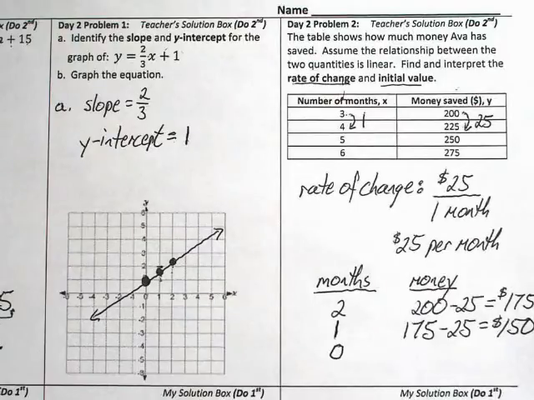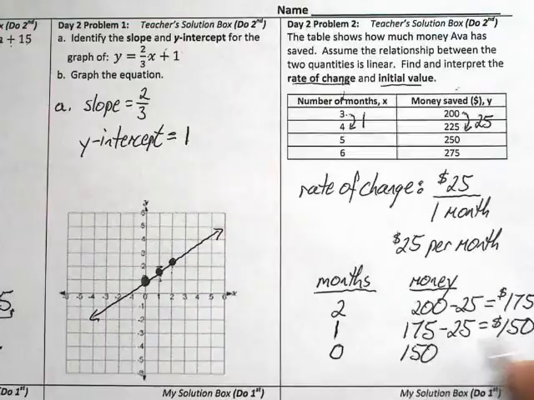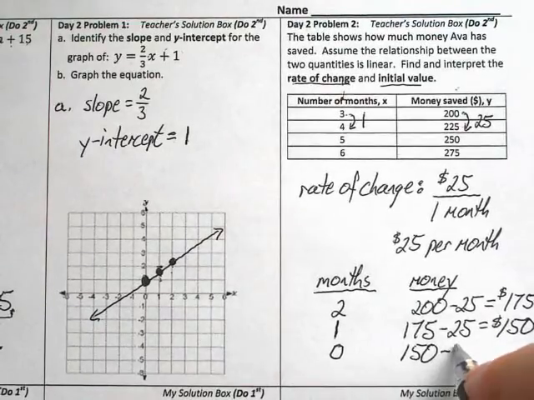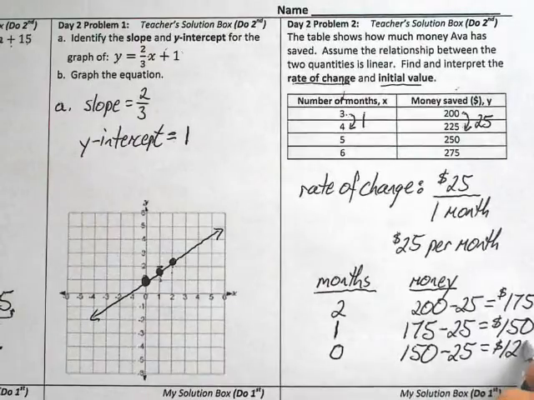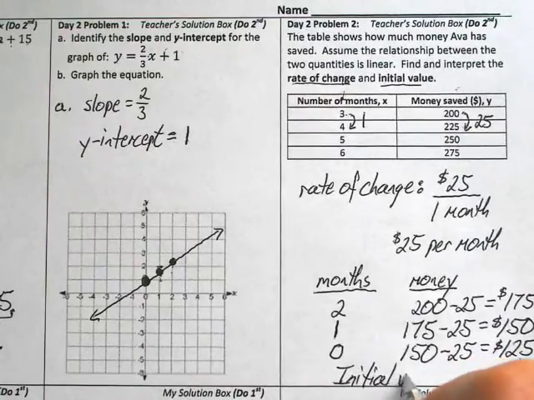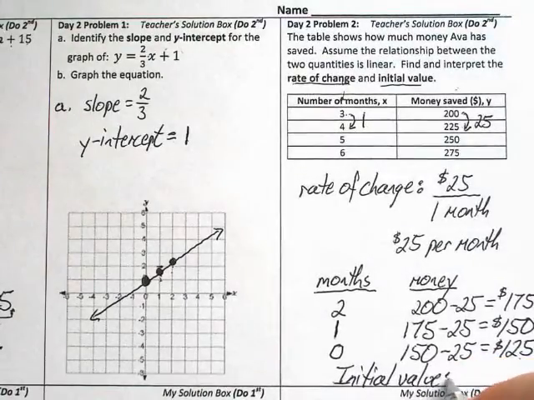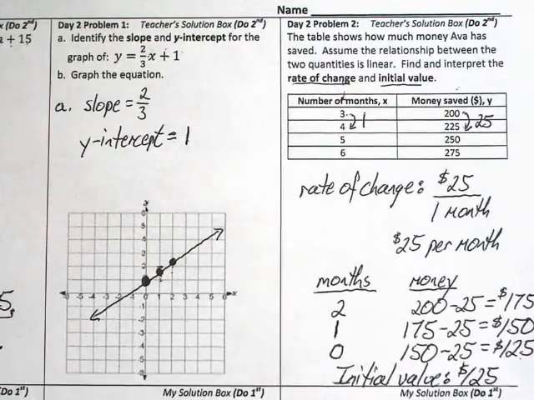How much money did she have to start with? So let's use 150 and subtract 25, and that is $125. So when x was 0, the value of y is $125, or her initial value we have found is $125.